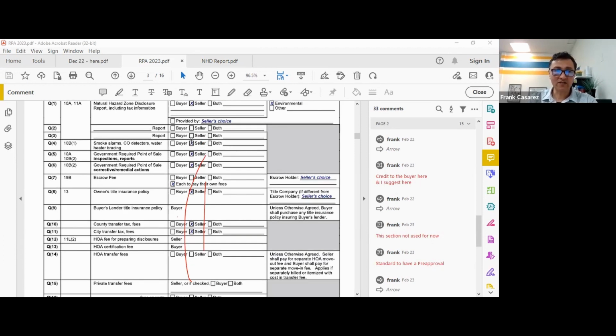We got to remember to check these boxes too. Q4, 5, 6. Okay, this is for smoke alarms, carbon detectors, water heaters strapped and all that. These are basic California health and safety items here. If you're missing smoke detectors or carbon detectors or water heater straps, and you're getting a loan that's financed, I mean, you're getting a loan at all, that could come up.